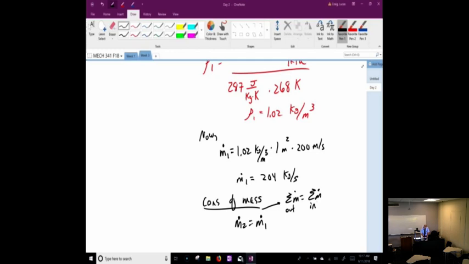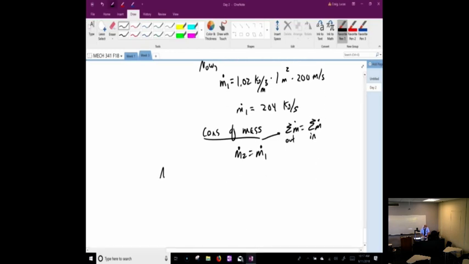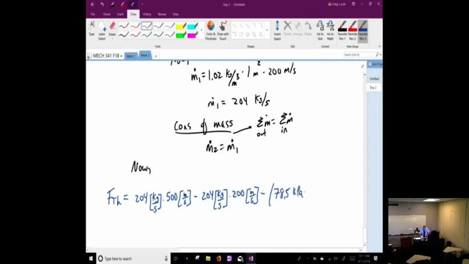Now, thrust for this reaction force, 204 kilograms per second. I'm going to try putting brackets around my things, see if you like it better. Minus, now I don't know why I did this, I could have brought them together, right? 200 minus, gotta convert that to gauge.